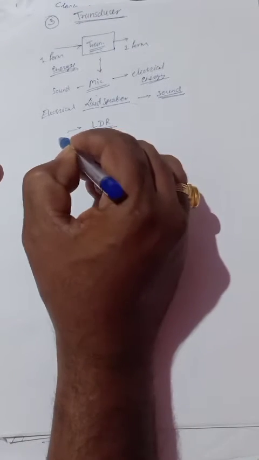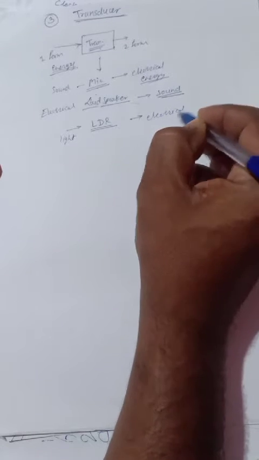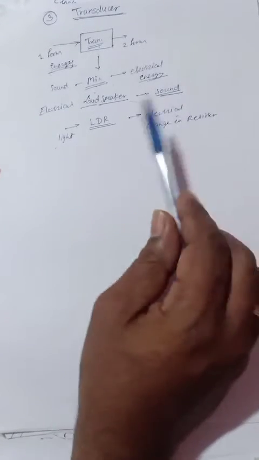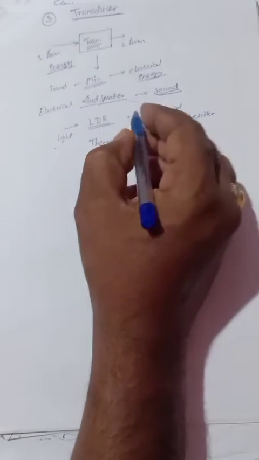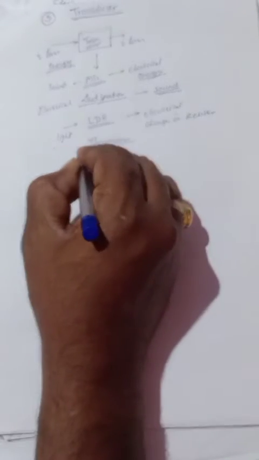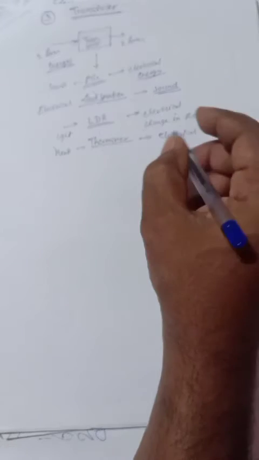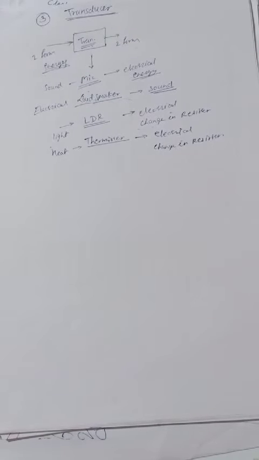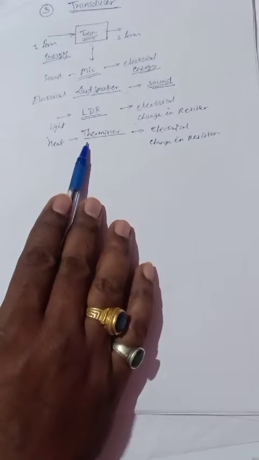That means the LDR converts light energy into electrical energy, where the electrical change is nothing but the change in resistance. The thermistor is also one type of transducer, which converts heat energy into electrical energy, again a change in resistance. So all these are transducers.